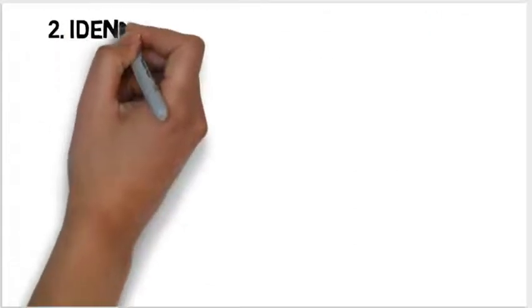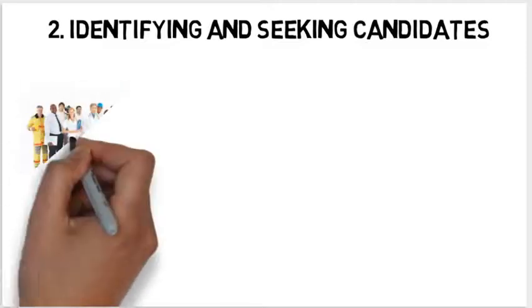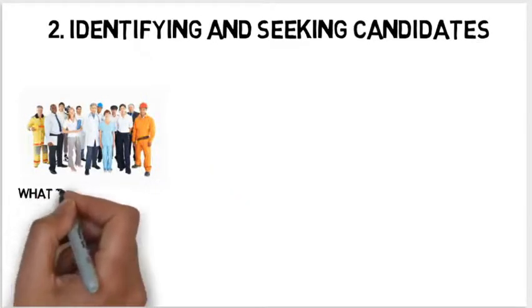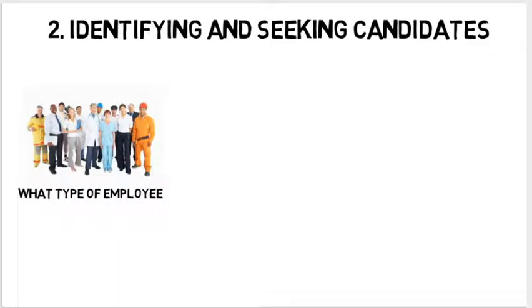Second, identifying and seeking candidates. Once the recruiter knows what type of employee the company needs, he figures out what segment of the population might be able to do the job and where to recruit.